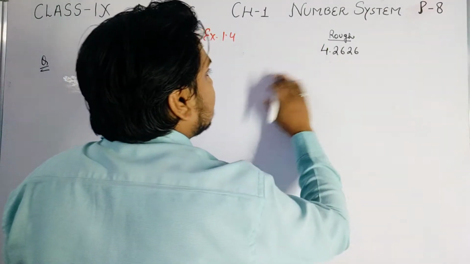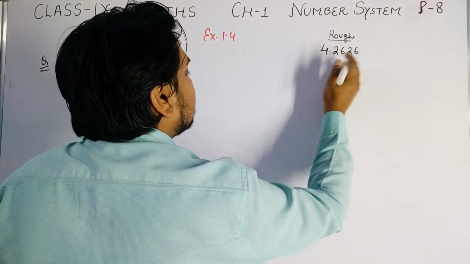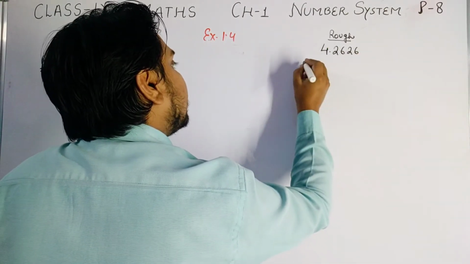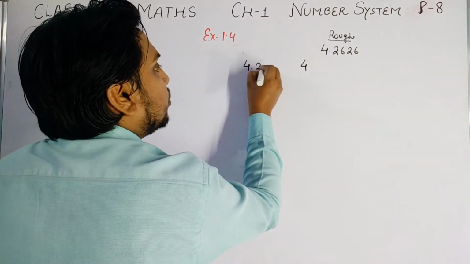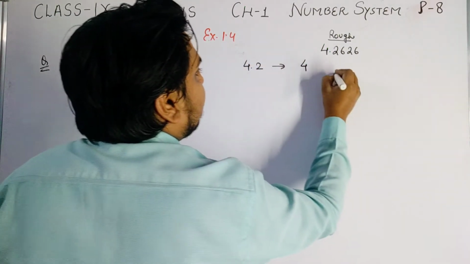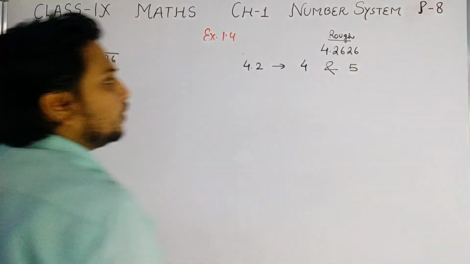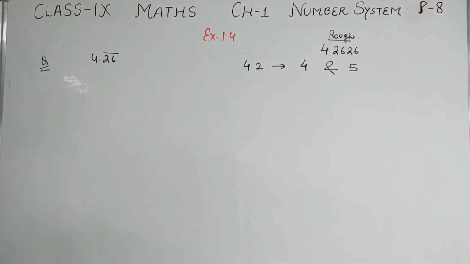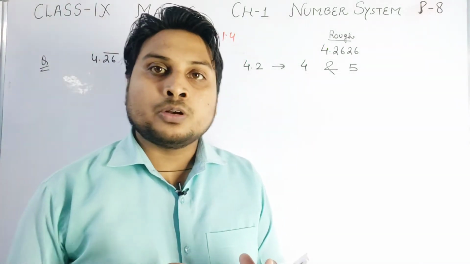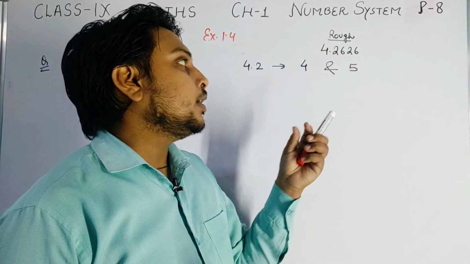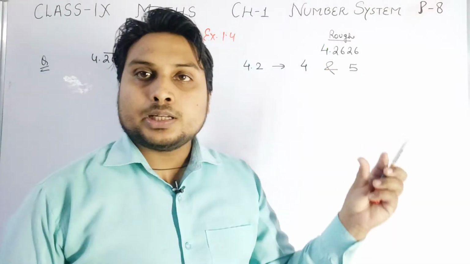So 4.2626, it means the boundary numbers are what? Firstly 4.2, which will be in between 4 and 5. I have told you how to think about in between which two numbers the number lies. See only one digit, stepwise.